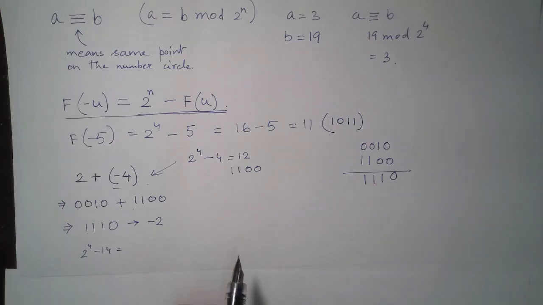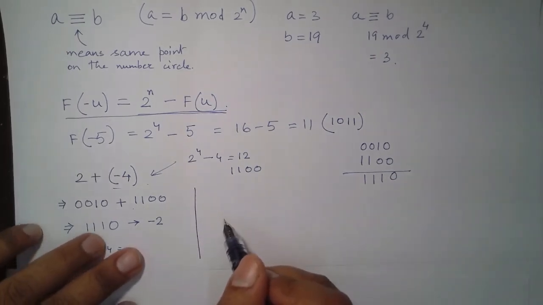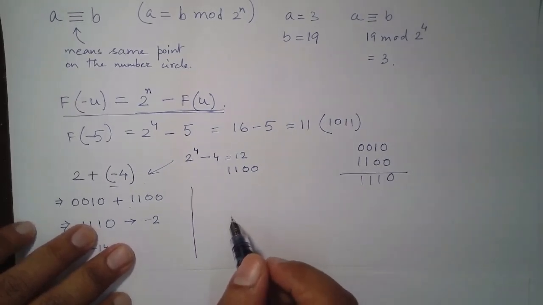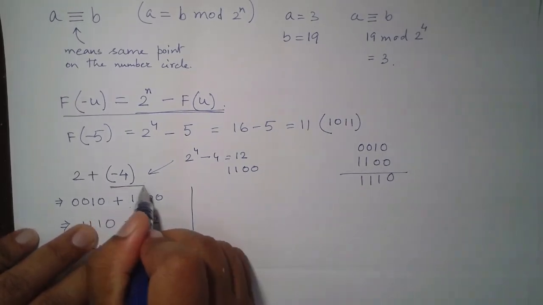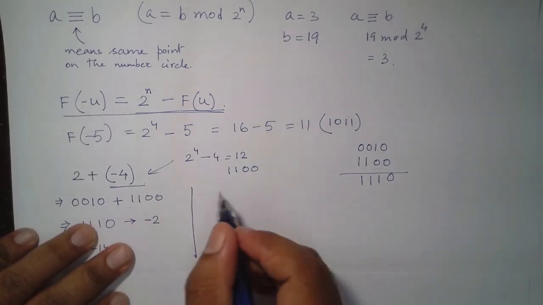I'll not go into too much detail, but for completeness, if you want to add two numbers and one of the numbers is negative, then you have to represent that number in its 2's complement form.